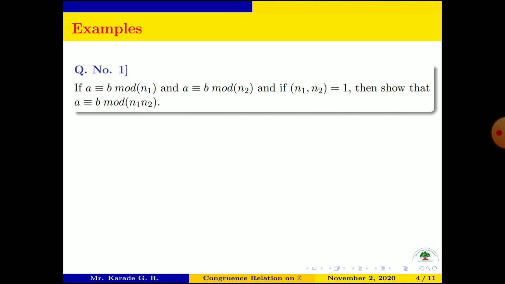To show that A is congruent to B mod n1 into n2, we just have to show that n1 into n2 divides the difference A minus B. If we are able to show that n1 into n2 divides the difference A minus B, then we can say that A is congruent to B mod n1 into n2.